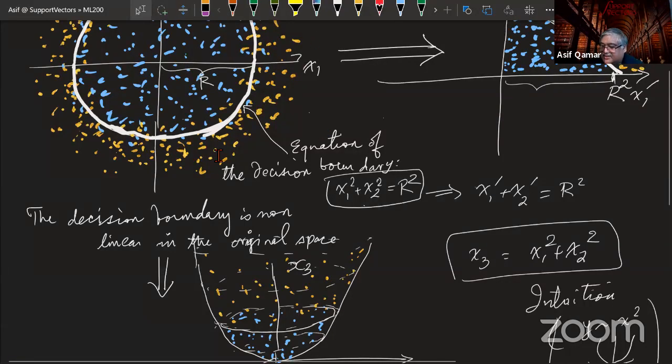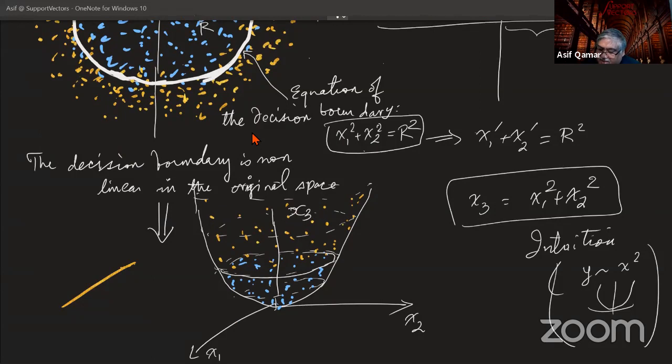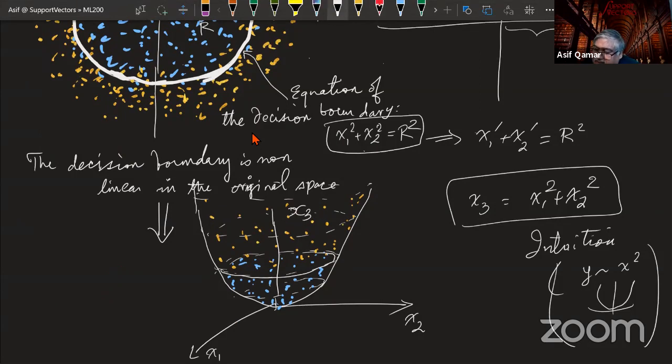And this becomes this. And when it becomes this, where is the hyperplane that is the decision boundary? This is the hyperplane. Let me use a different color. Blue is gone.